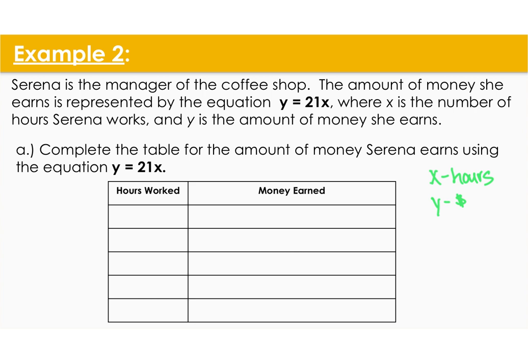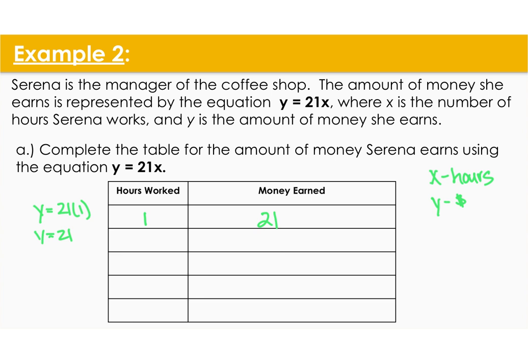So for 1 hour earned, we can do this by using substitution. So if we're talking about 1 hour, that means we're putting 1 in for x. So we have 21 times 1. So y would equal 21. So essentially, she makes $21 an hour.